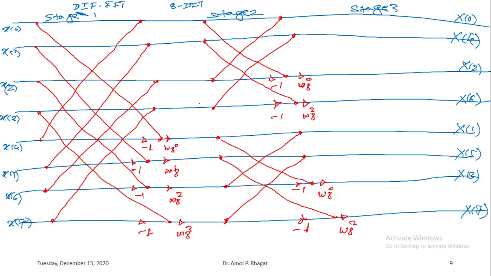So this is the stage 2 structure. Then again in stage 3, the stage 1 structure will be drawn, right? So here -1 will be multiplied in output, W80 will be there. So the same structures you have to repeat.